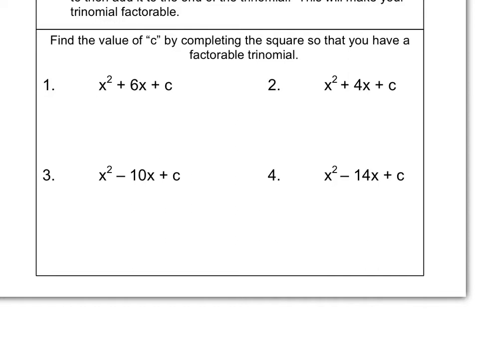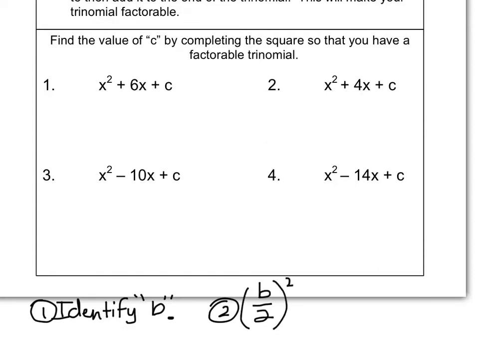Okay, so the first thing that we want to do here is identify your B term. Identify B. And then secondly, we're going to take B, divide it by 2, and then we're going to square it.